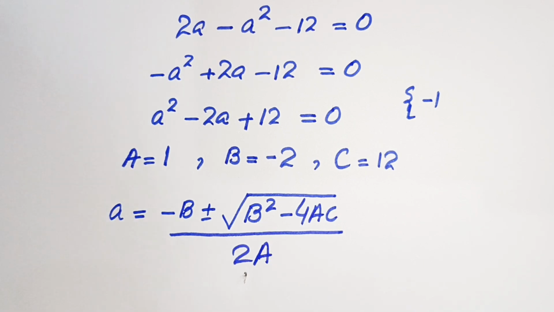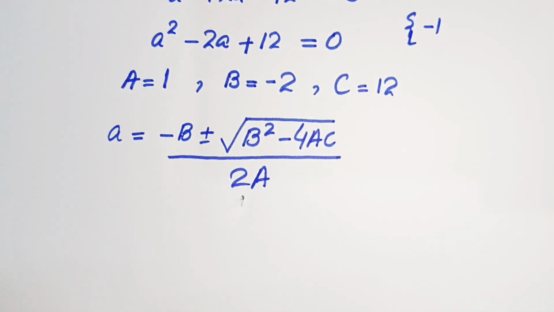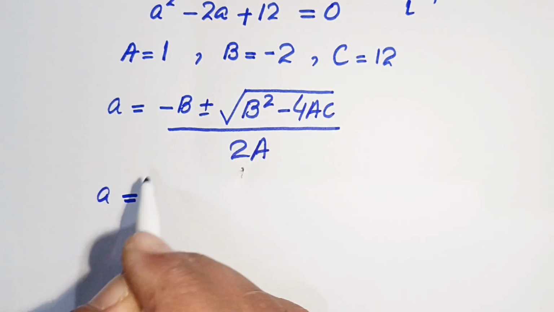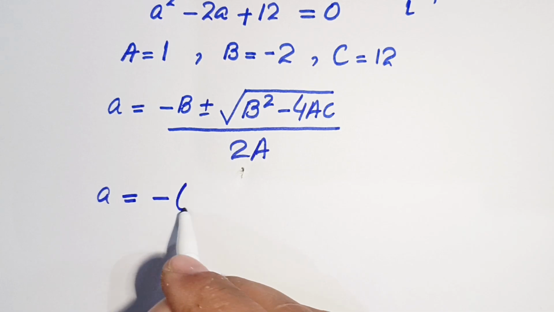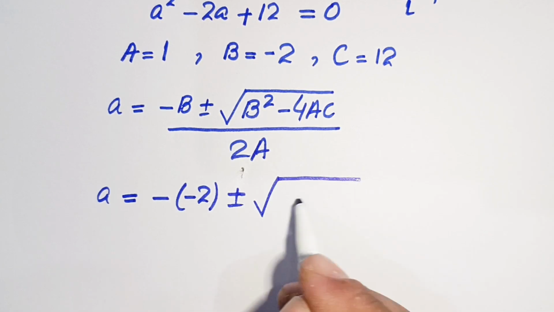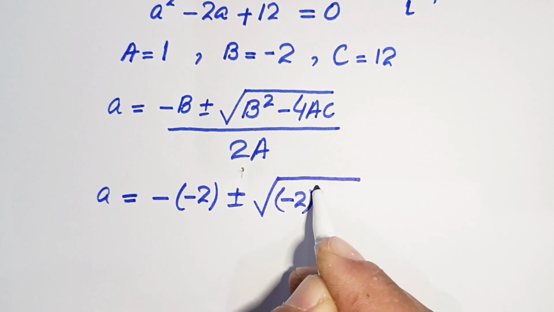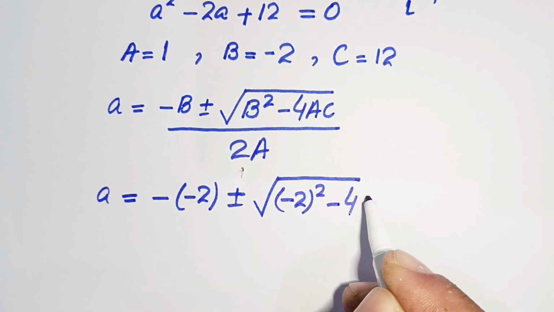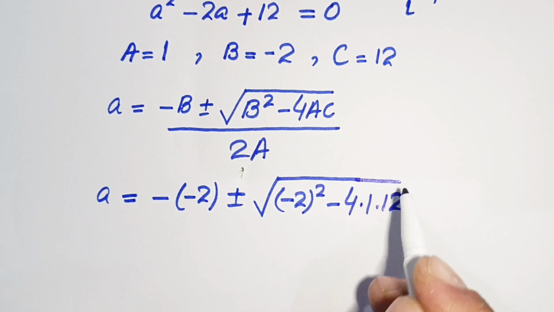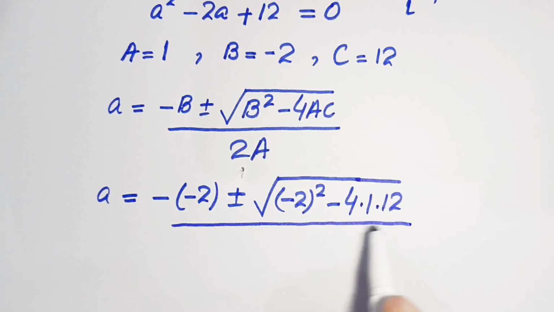Putting the values of a, b and c in this formula, we have a is equal to minus times minus 2 plus minus square root of minus 2 whole squared, minus 4 times 1 times 12, all over 2 times 1.